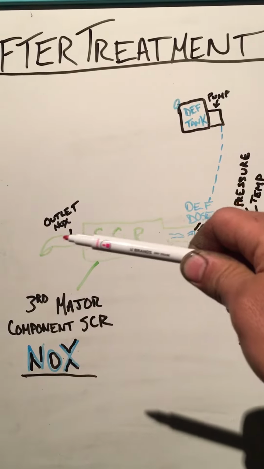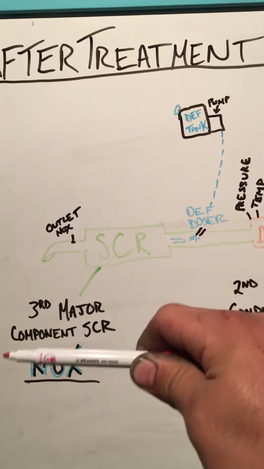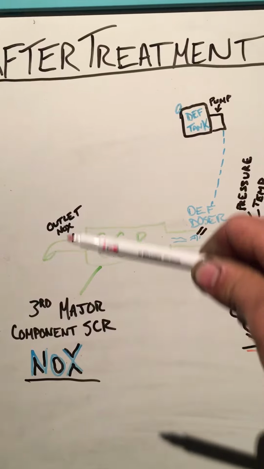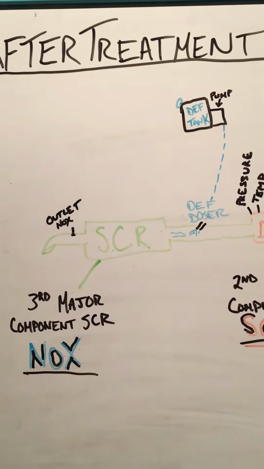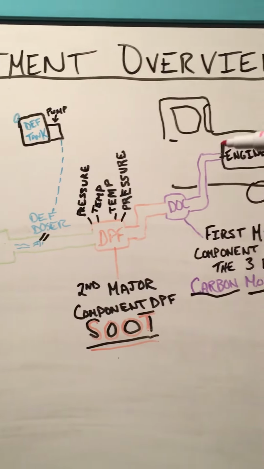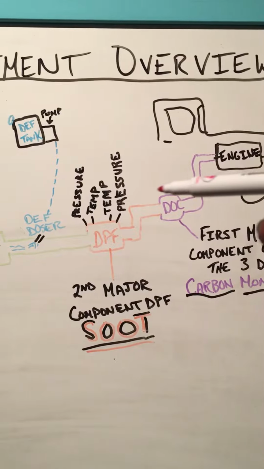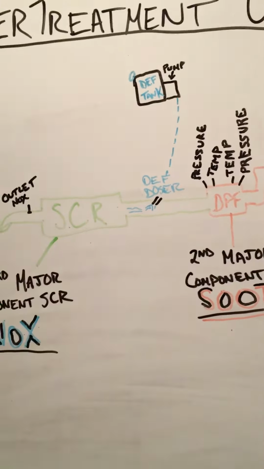And so that's why you have your outlet NOx always on the outlet of the SCR just before it leaves the truck, to measure how much NOx is coming out of your exhaust system. And your inlet NOx is usually right off the turbo, or just before the DPF, depending on which application.